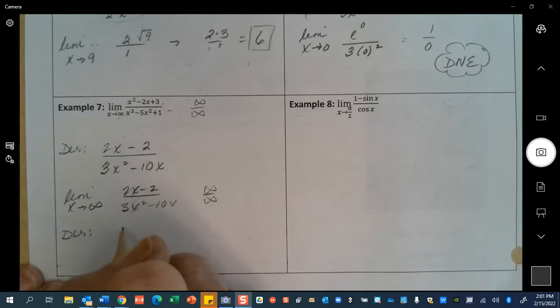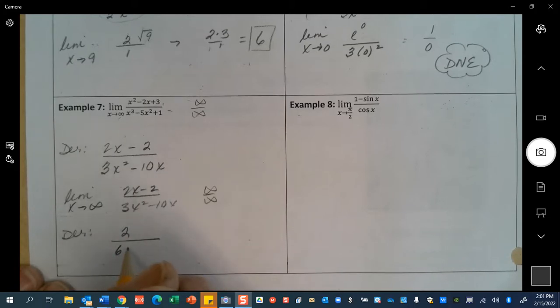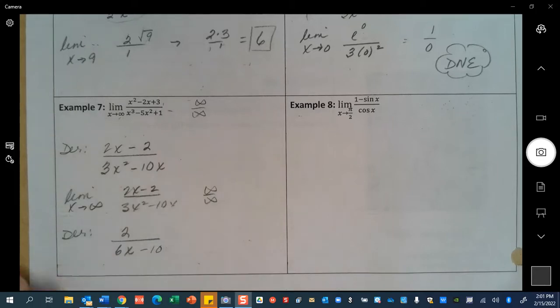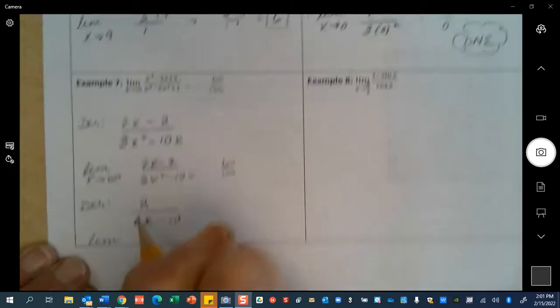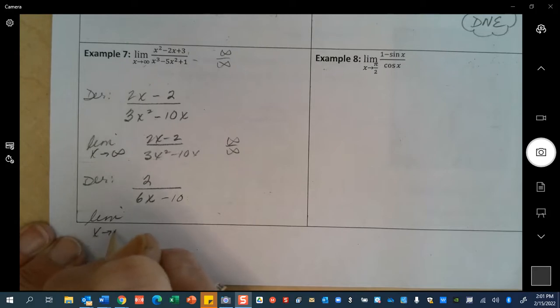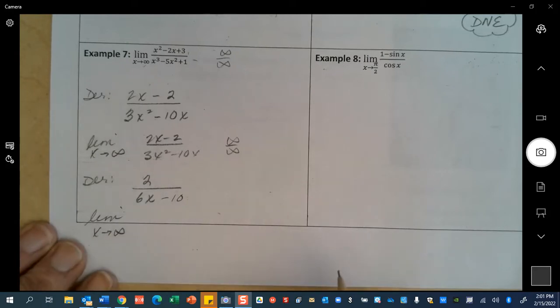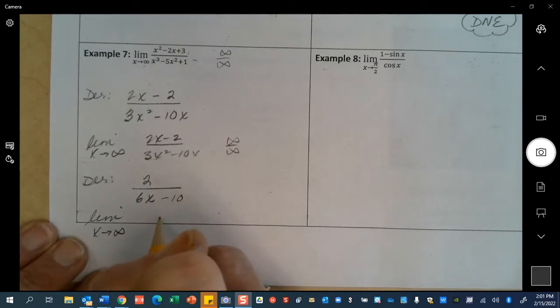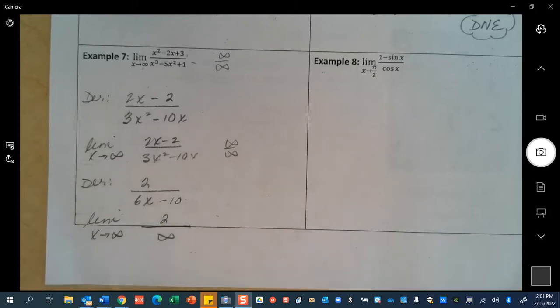and we can say, okay, the derivative is 2 over 6x minus 10. So when I take the limit as x approaches infinity, I end up with 2 over, basically, infinity when I substitute infinity in for that x.